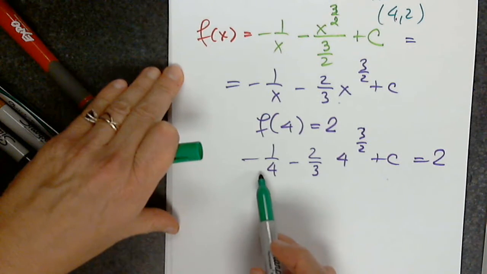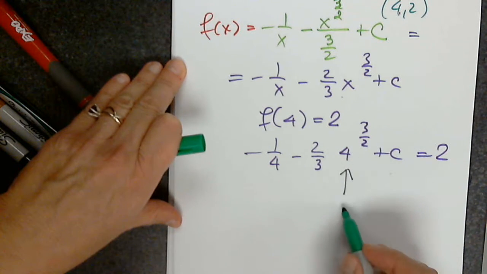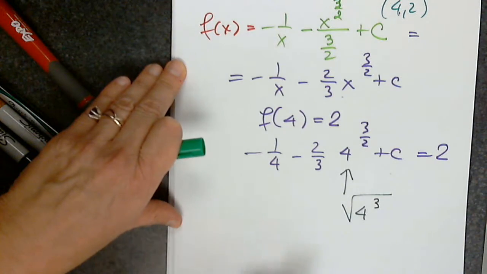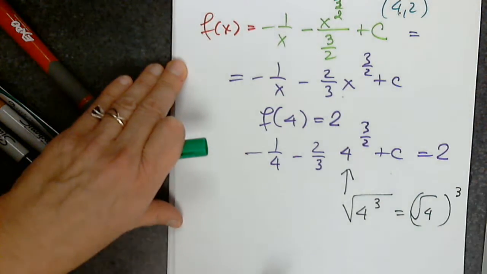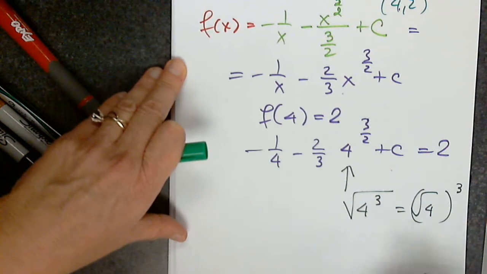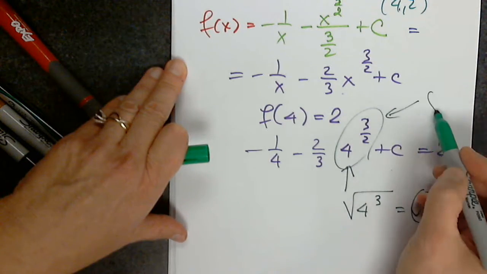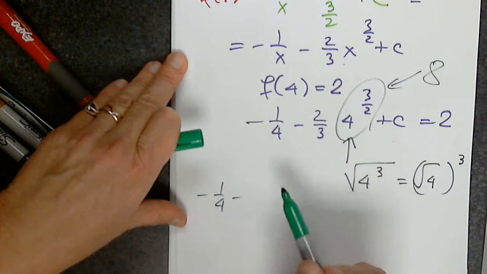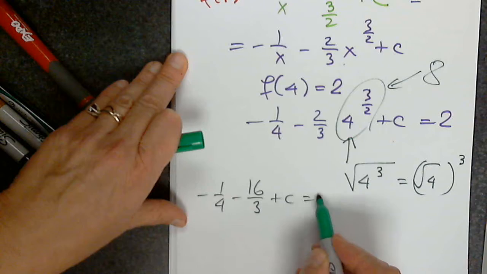Okay. How much is this? This is basically the square root of 4 to the 3rd. Or is it the square root of 4 everything to the 3rd? Yes, it is. So the square root of 4 is 2, 2 to the 3rd is 8. So this quantity is 8. So negative 1 over 4 minus 16 over 3 plus c equals 2.